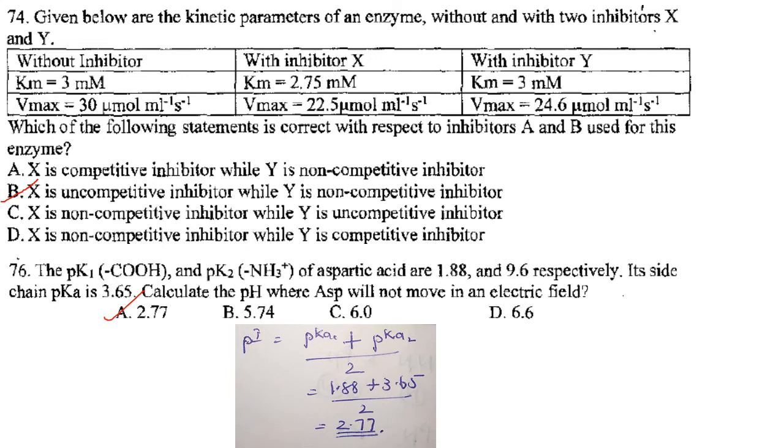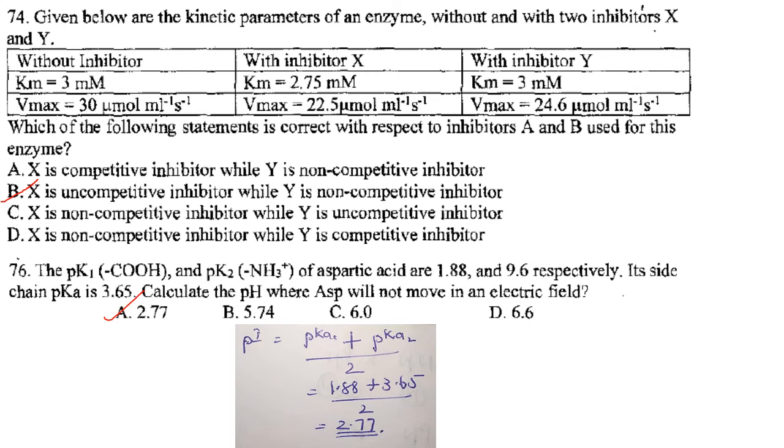So here you can see that with inhibitor X there is a reduction in Vmax value as well as the Km value from the condition without inhibitor. So it is the case of an uncompetitive inhibitor.